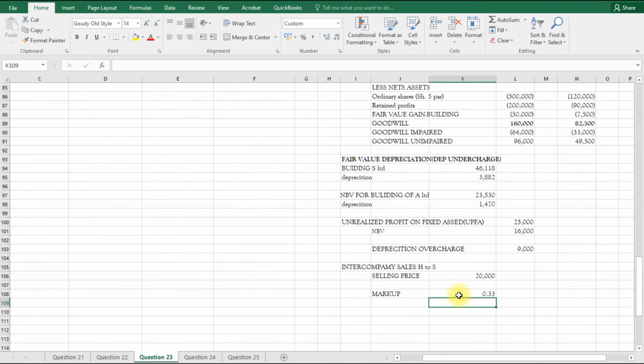We need to convert this now into margin. Ideally, when you take it as a fraction, 50 over 150 is normally a third.